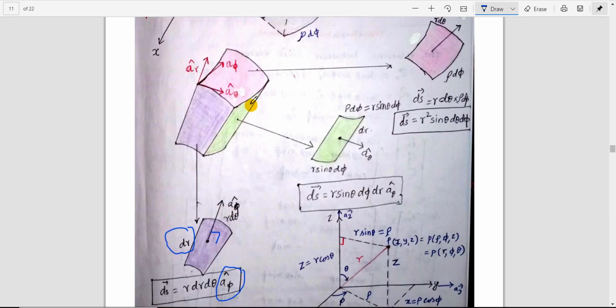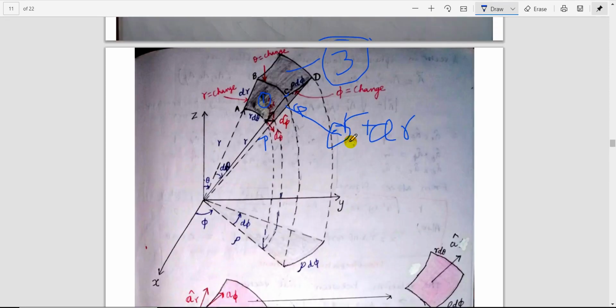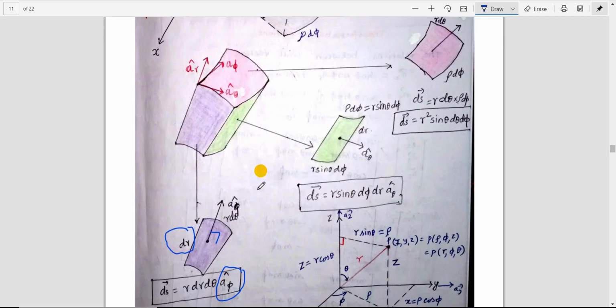Also we can define this particular surface here, having two different sides. This side we have defined as rho d phi, because this is the length of rho and this is the change in d phi.